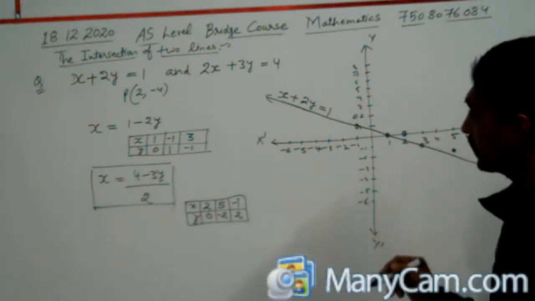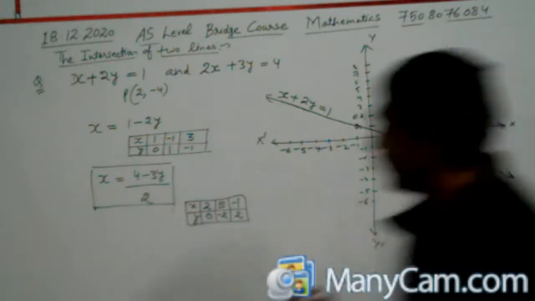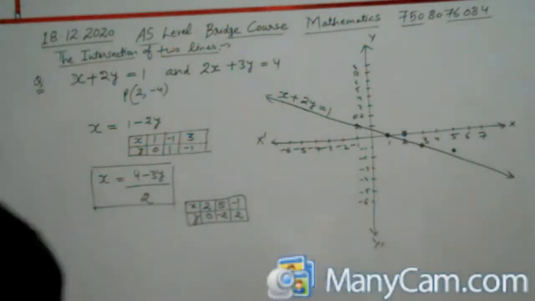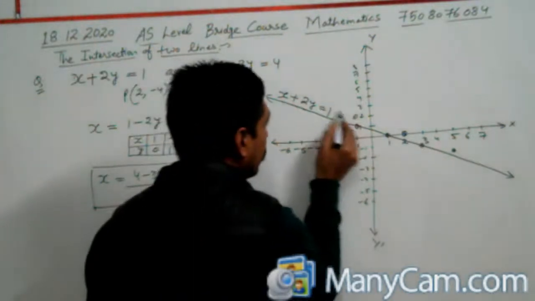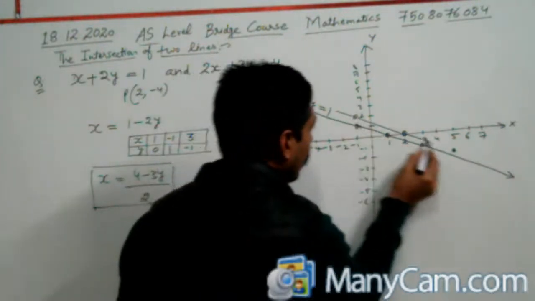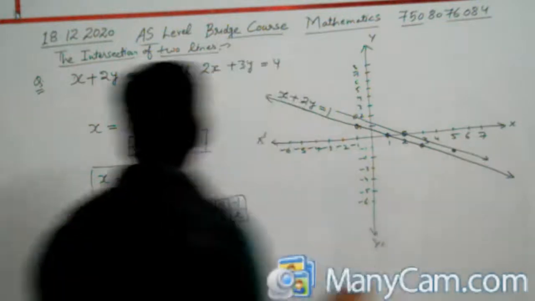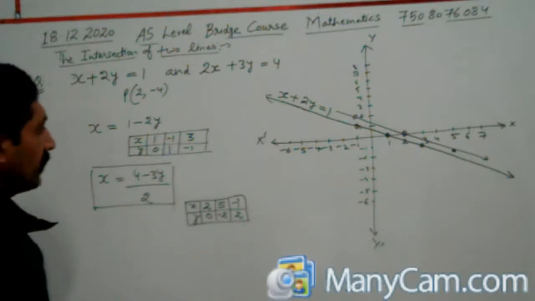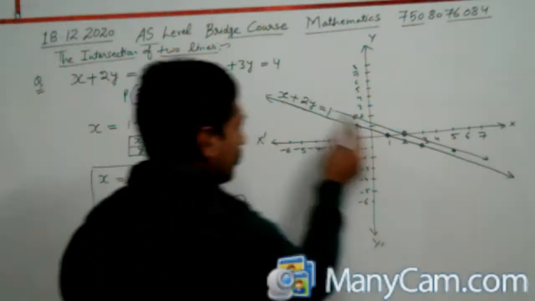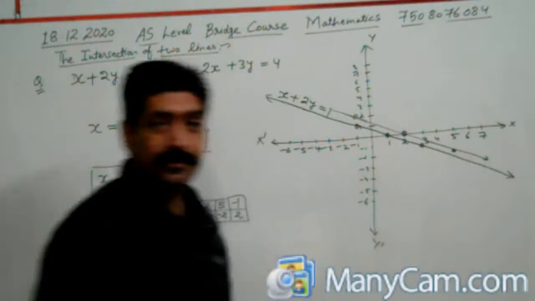In this case, these two lines are not intersecting, because here one is 2x, so the point of intersection will be in a different way, right?